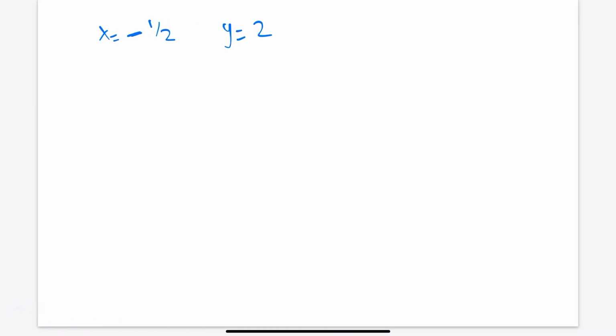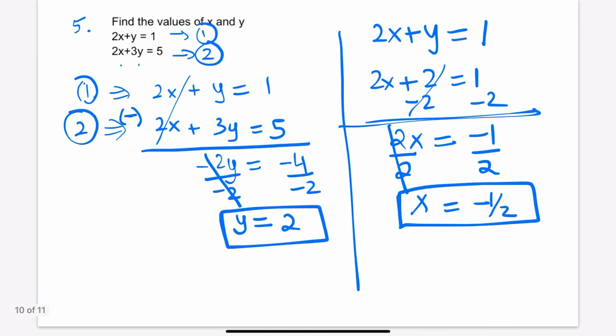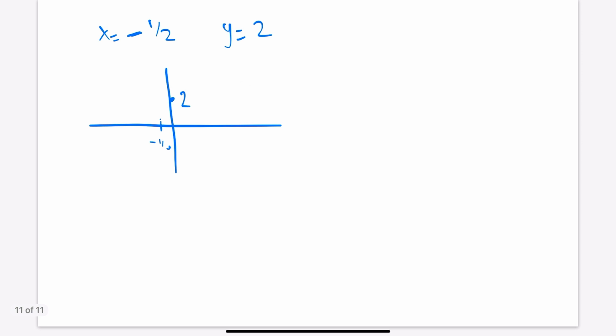The SAT generally gives 4 answer choices unless you have to put in the answer yourself. They may give a graph like this. Let's say this is x as negative half, and y is 2 here. You may have lines like this.